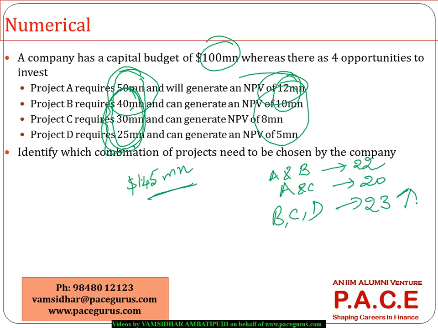That is how we go ahead with the evaluation of the capital projects under the constraint of capital rationing. So this is one more numerical that you have to be comfortable with.